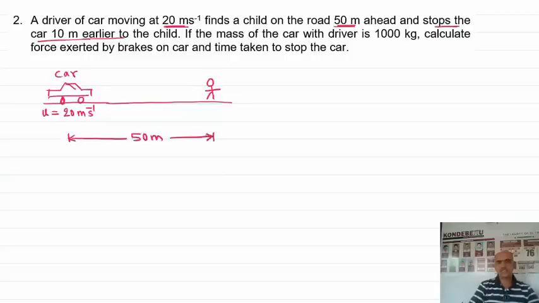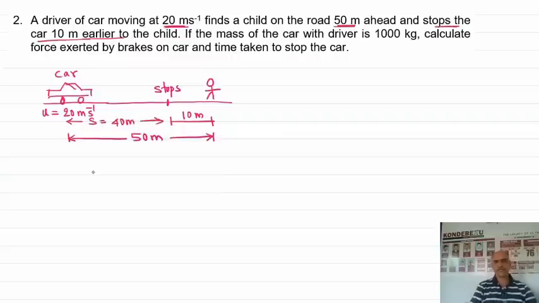On observing the child, he applies the brakes. The car will stop over here, you may say. It stops here at a distance 10 meters before the child, so this is 10 meters. Means actually the car has traveled a distance of 50 minus 10, that is 40 meters.